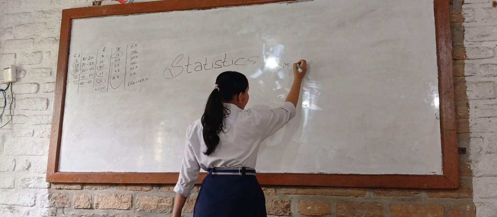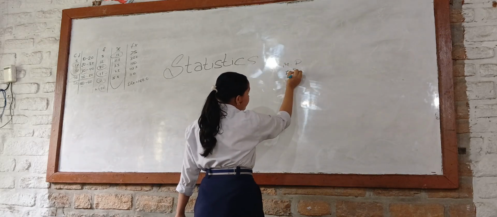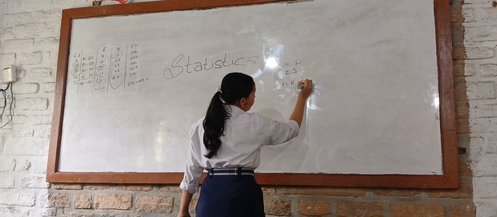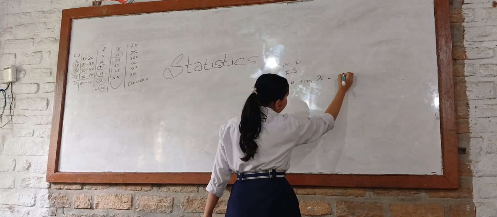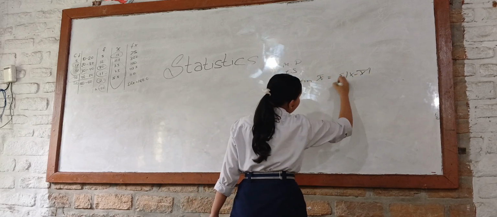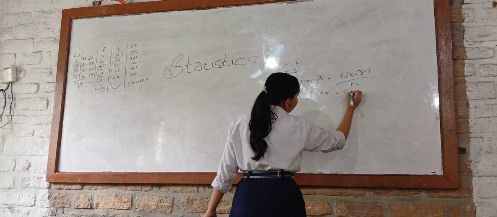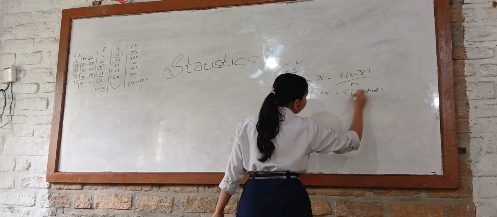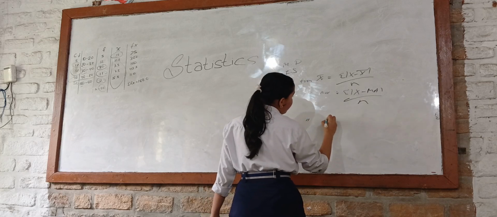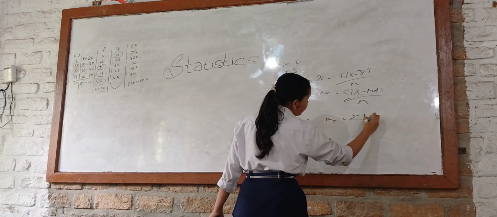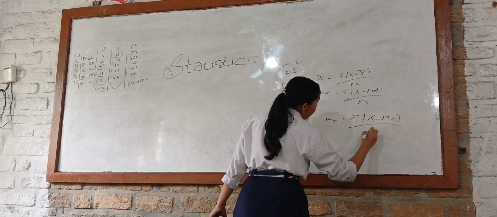So for mean deviation, individual series, MD from mean is summation of x minus x bar by n. From median, it is summation of x minus M by n. And from mode, of course, it is summation of x minus Mo by n.